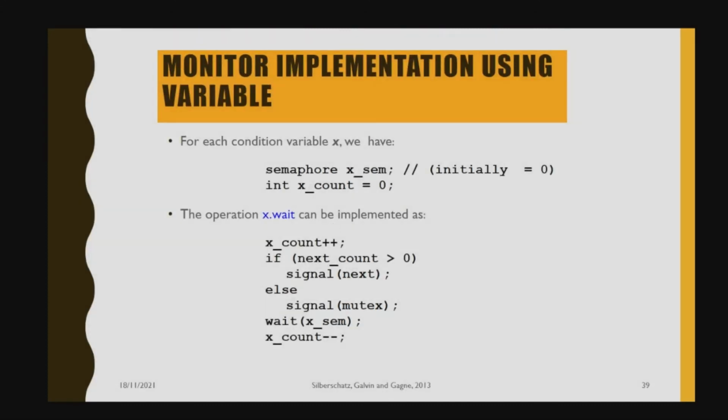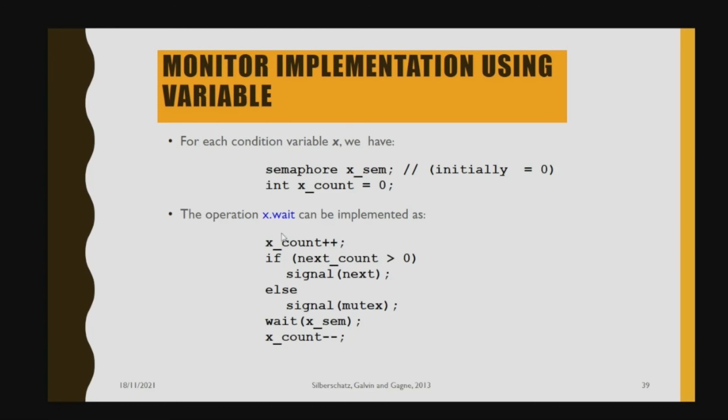Okay, this part is using the variables. So the previous one used the semaphore, this one uses the variables. So for each condition variable x, we have semaphore x_sem initially as 0, and then we have the integer x_count equal to 0. So the operation x.wait can be implemented as here.